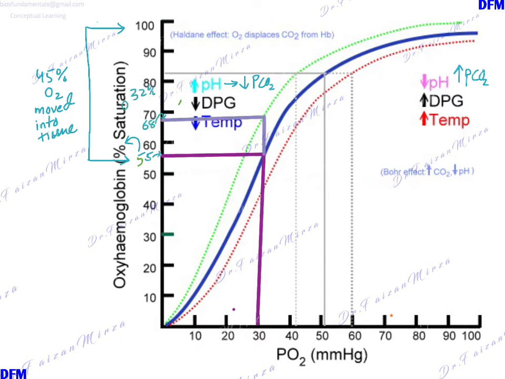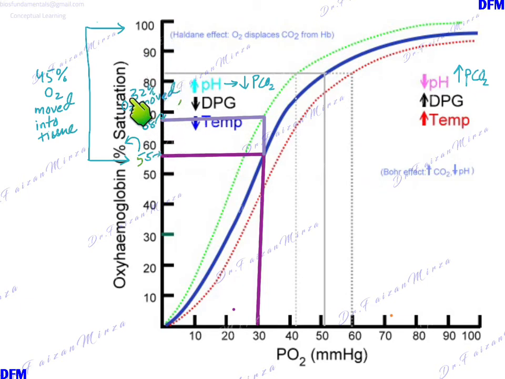Now let's suppose the tissue was not this tissue but the one depicted in the green line. What do we see here? We see that in this case 32% of oxygen moved to the tissue. This line shows that 32% of hemoglobin lost its oxygen, whereas to this tissue 45% of oxygen was delivered.